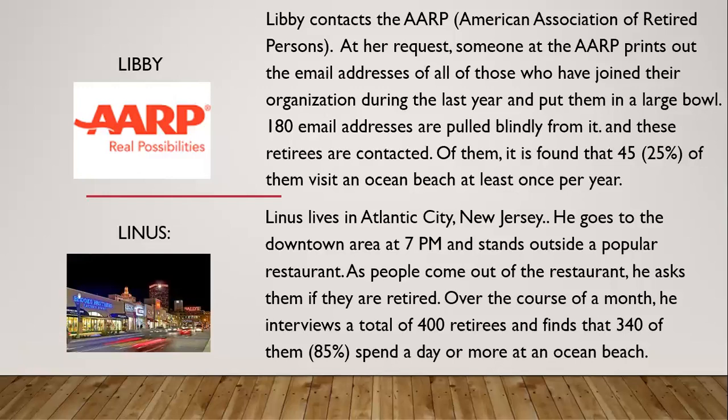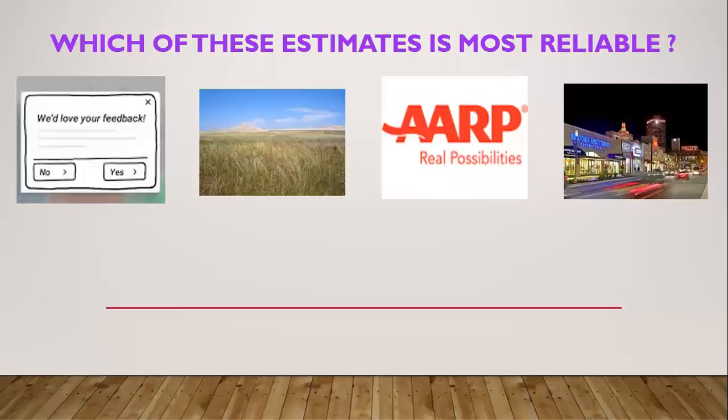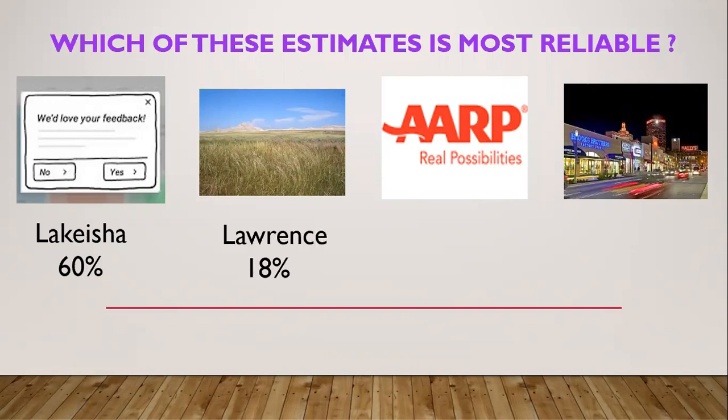So now we have four different estimates for the proportion of US retirees who spend at least one day at the beach. From Lakeisha, we had a proportion of 60% that had come from the internet poll. From Lawrence, we had a mere 18% that came from making phone calls to the retirees in the Omaha, Nebraska area.